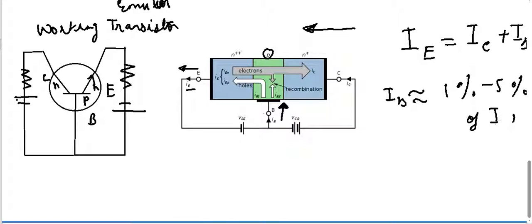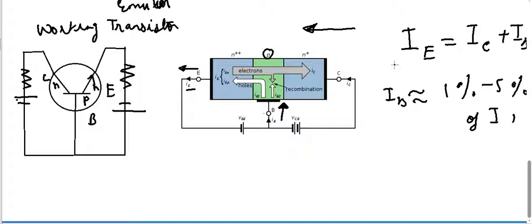So whatever electrons are going from here, only about 1 to 5% will go from this route, and the remaining 95 to 99% will travel along this and go to this positive terminal. So that is the basic physics behind what will happen.